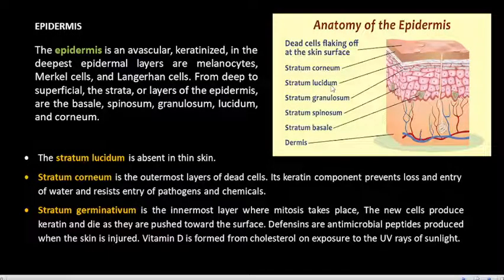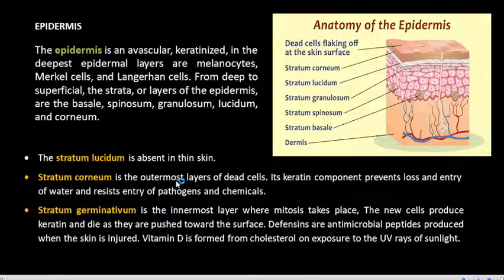So, kapag maninipis na balat ng katawan, for example, the sensitive parts of your body or yung mga maninipis ang skin, wala silang stratum lucidum. So, alisin mo yan. Okay? For example, sa eyelids, no? Yung eyelids ninyo manipis. So, ang eyelids natin, it does not contain the layer stratum lucidum.